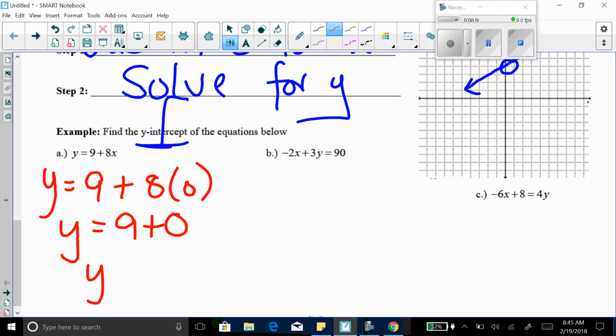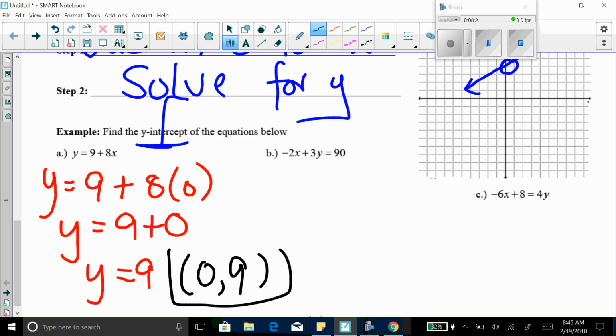Well, 9 plus 0 is 9. Again, your intercepts are points. They're not y. So when I put 0 in for x, my y value is 9. And there's my y-intercept. So if I were to graph this line, I would find that the line crosses the y-axis at the point 0, 9.